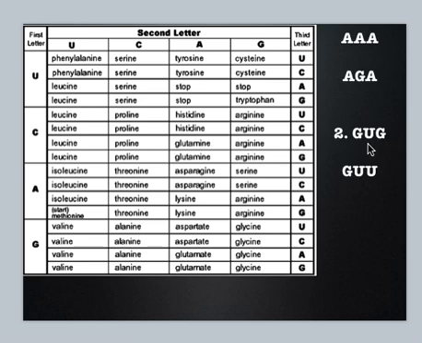The second letter is a U. So that's this first box here. So guess what? Every single letter, GU whatever, it doesn't matter. It all says valine. So GUG, actually, we don't use this G here. We use this one down here because this G correlates to the first letter being a G. So GUG says valine.